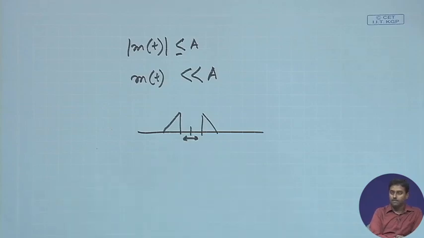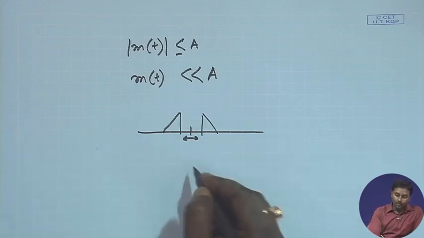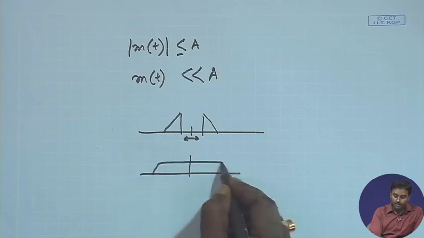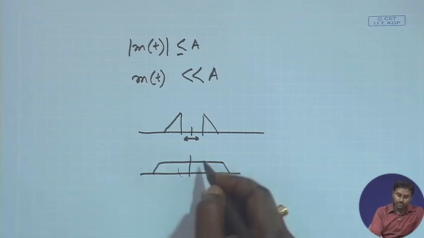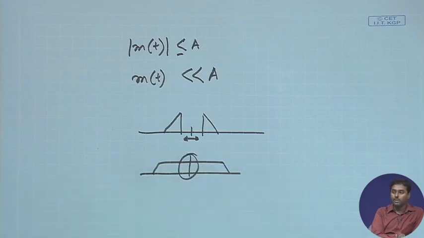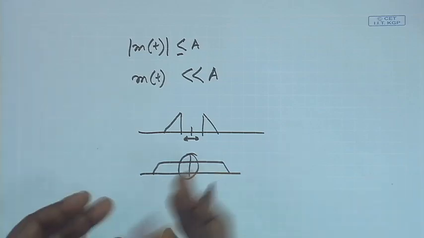So that is pretty much required, but we have seen that for voice that is true. Fortunately this was happening, so people could employ SSB in voice, but for video the spectrum looks like this. There are strong terms around DC value and you cannot ignore them. If you ignore that, probably the signal will be distorted. For modulation you cannot really distort the signal, that is not allowed. So if this is the case, SSB is almost impossible.